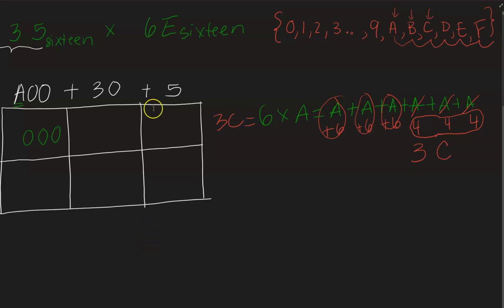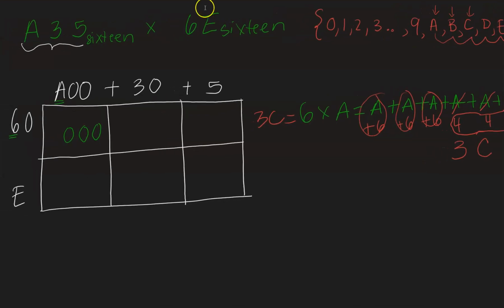Okay, so let's go back to our problem. We would say, well, I have A times 6 is 3C. So I would write 3C right there.